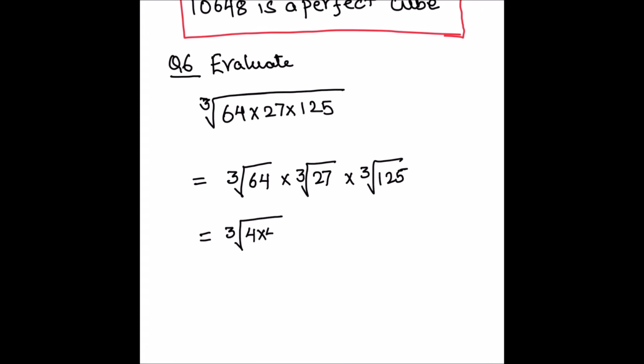4 times 4 times 4 is 64, times, here 27 we can write as cube of 3. 3 times 3 times 3, and factors of 125 will be 5 times 5 times 5.